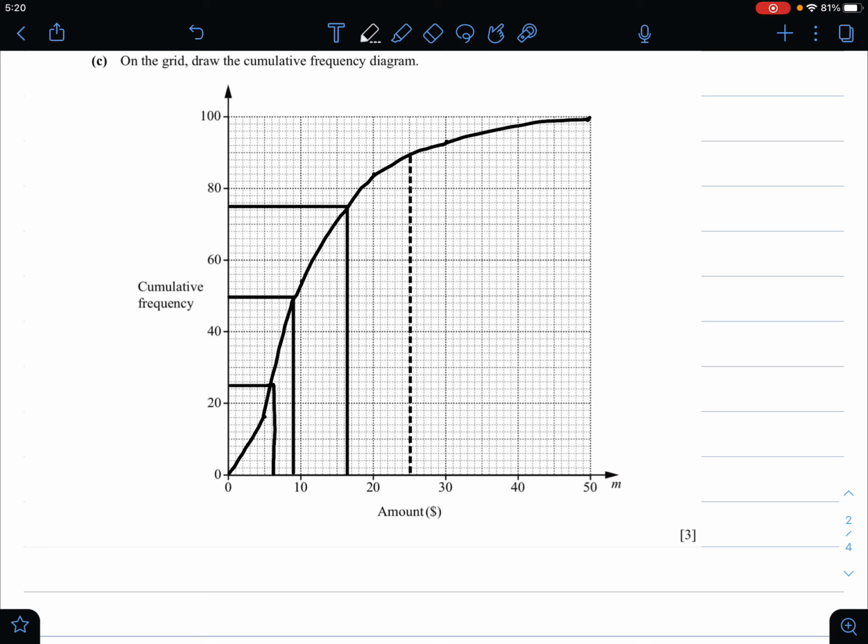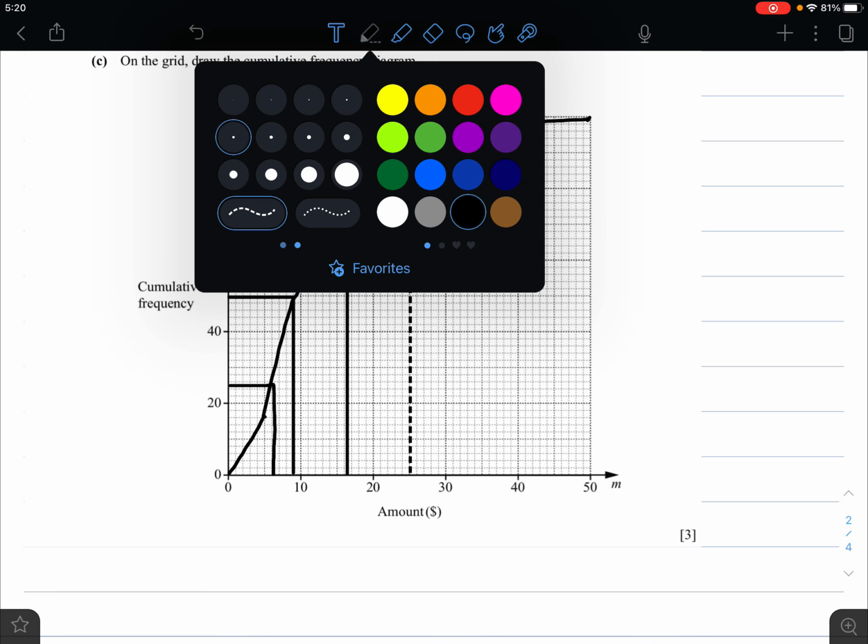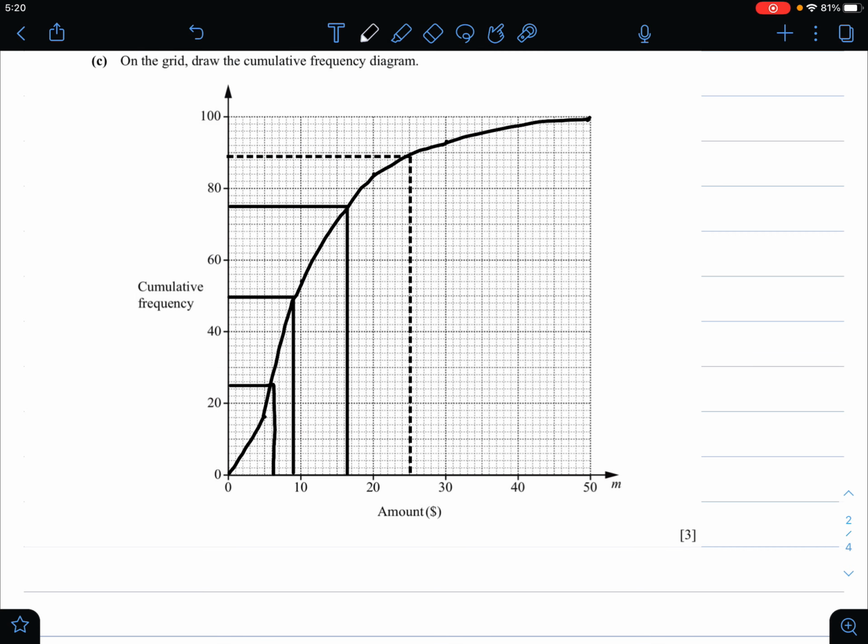And then we draw a horizontal line connecting it to the y-axis as well, just like this, to see how many students fall into this category. The horizontal line is touching the y-axis at the 89 mark.